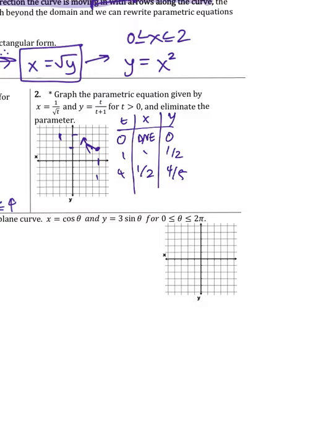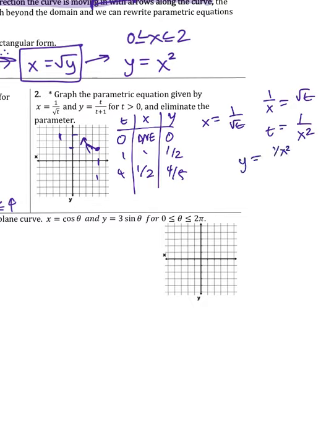And then let's go ahead and solve for this to be a rectangular equation. So eliminating the parameter. x is equal to 1 over the square root of t, which means if I reciprocate both sides, 1 over x equals the square root of t. So t is going to equal 1 over x squared, which we can substitute into our y equation.